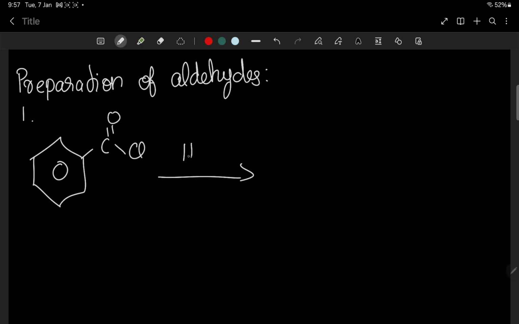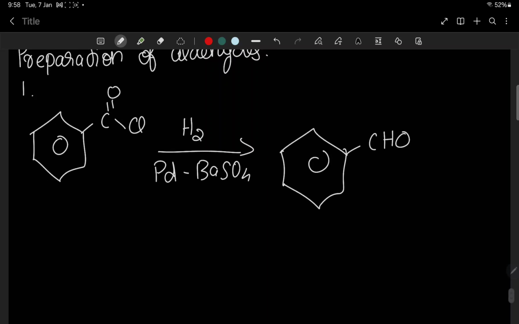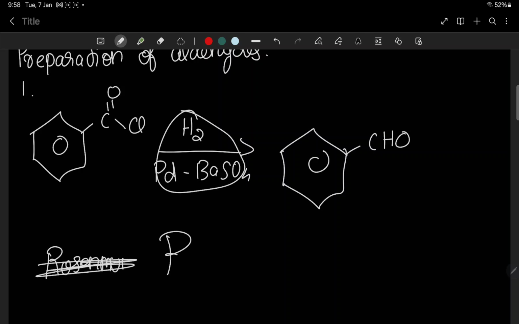and add H2, palladium BaSO4. This will be converted to the corresponding aldehyde. This is a special method. Here H2 Pd BaSO4 is the reagent. This method is called Rosenmund reduction. I will write it very boldly.